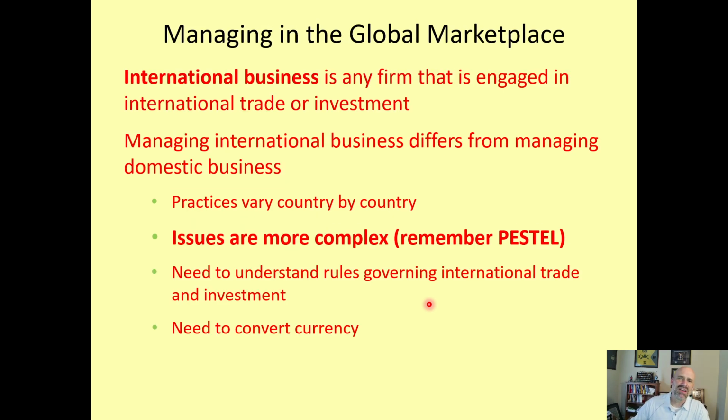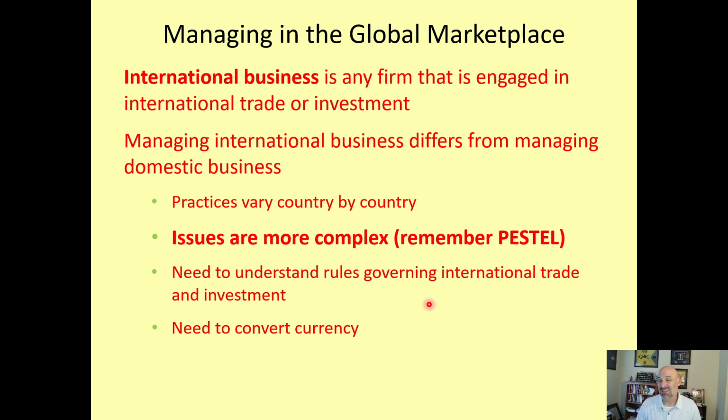Okay, understand this. We'll define international business as any firm that is engaged in international trade or investment. It's very complex. So one of the big takeaways from this class is I want you to have a great understanding of just how complex it is to do international business. It's complex enough to run a small business in a local county here in Cobb County.